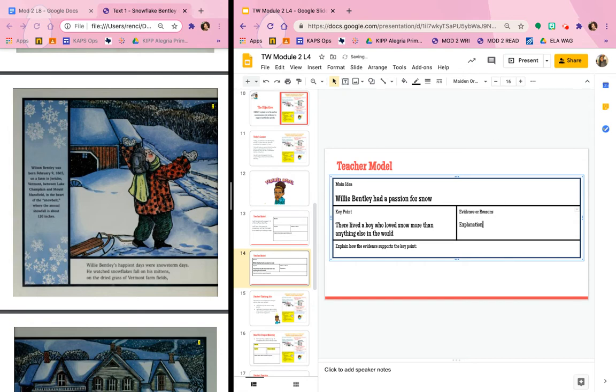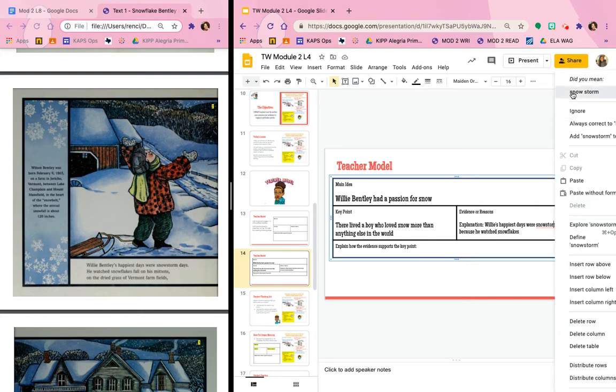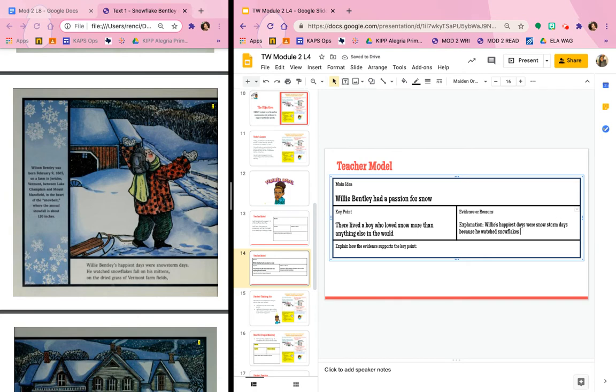Okay, an explanation is that Willie's happiest days were snowstorm days because he watched snowflakes. So there's one piece of evidence that supports Willie Bentley had passion for snow. I know he has passion because it said that his happiest days were snowstorm days.